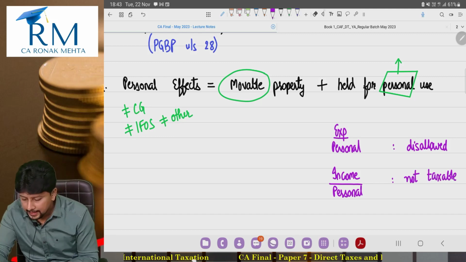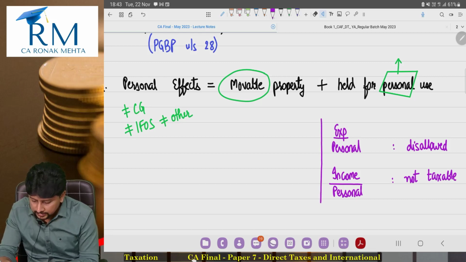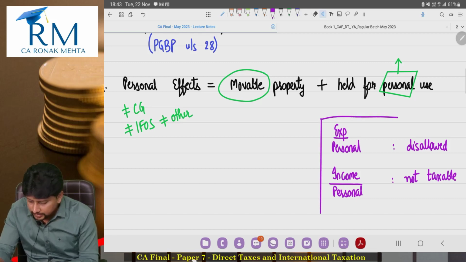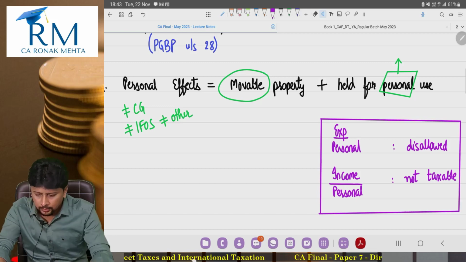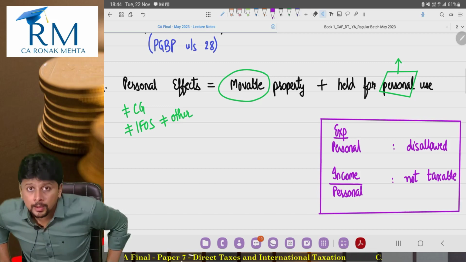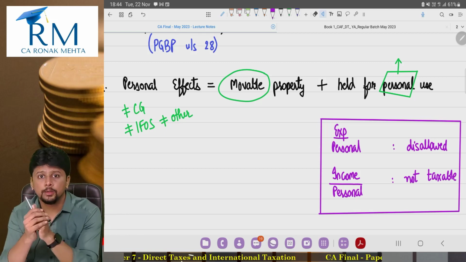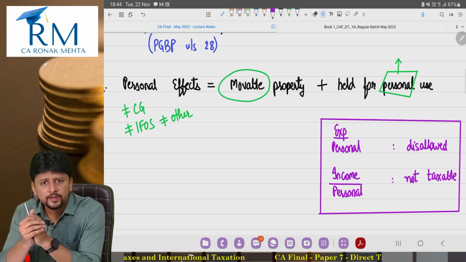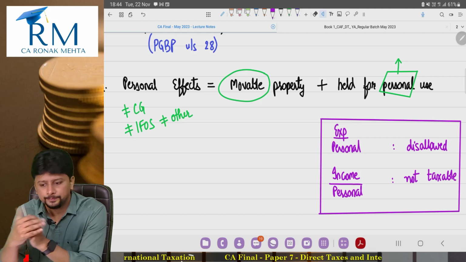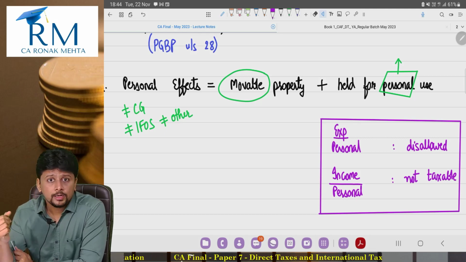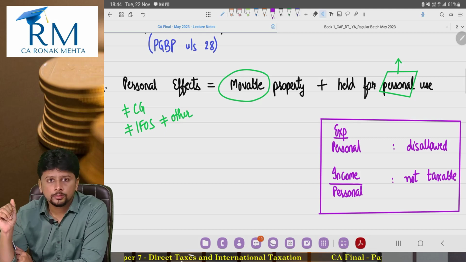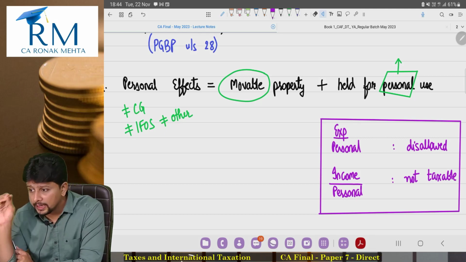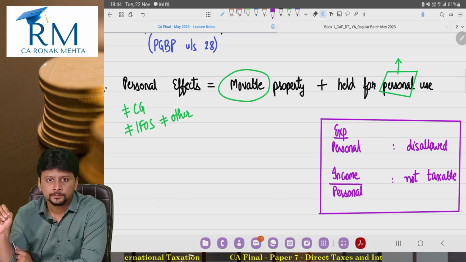Now, again, I spoke something which is not specifically related to capital gains, but is general in nature. When I purchased my personal mobile phone, I was never given a deduction of that expense. So now when I earn income by selling that personal mobile phone, it's not going to be taxable also. Not under this head, but under any head of income, it's not going to be taxed.